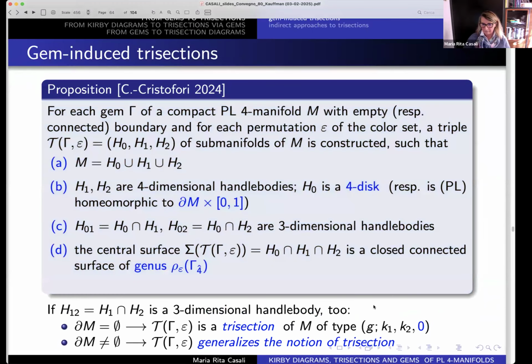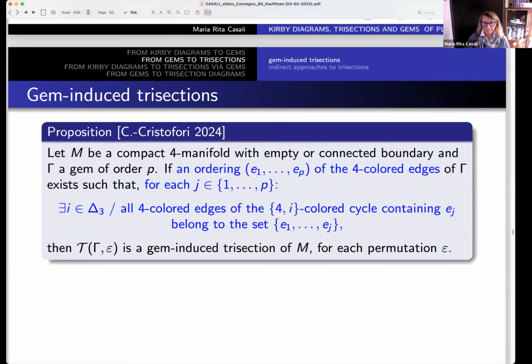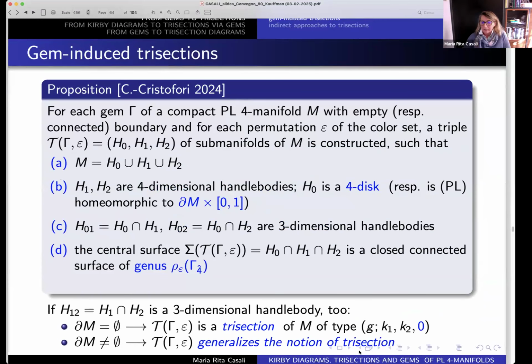Well, it generalizes the notion of trisection to the connected boundary case, while in the closed case, it is exactly a trisection of a special type, that is the type in which one of the four-dimensional bodies is a disk, a four-disk.